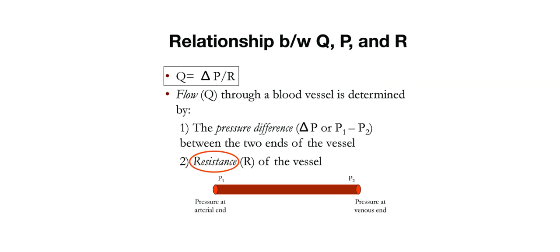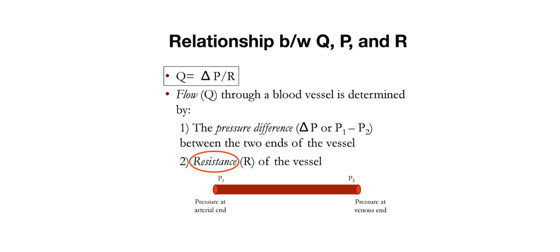So if we're going to look at pressure, how is pressure going to be related? Pressure will be equal to what? PQR, right? Just like the alphabet. P equals Q times R, so your flow times the resistance.